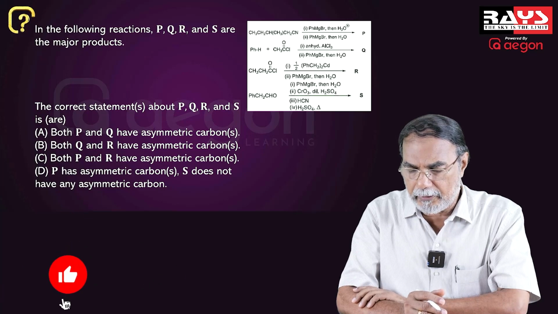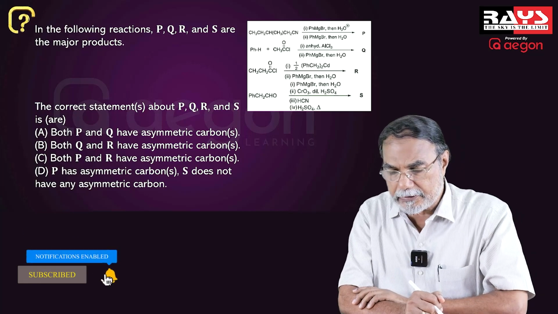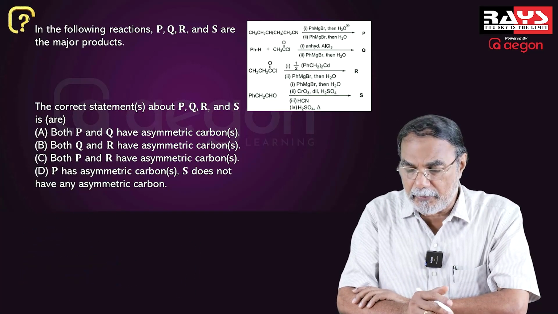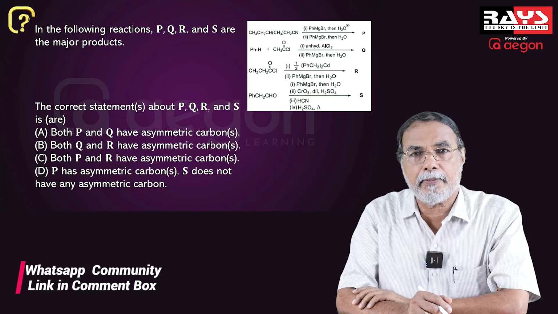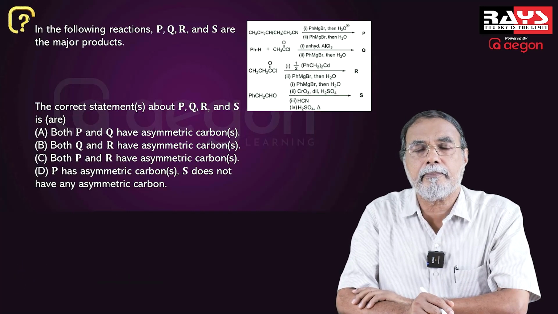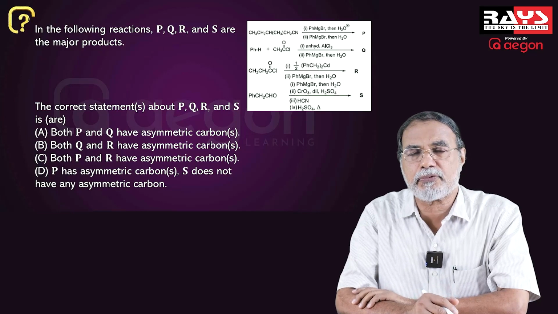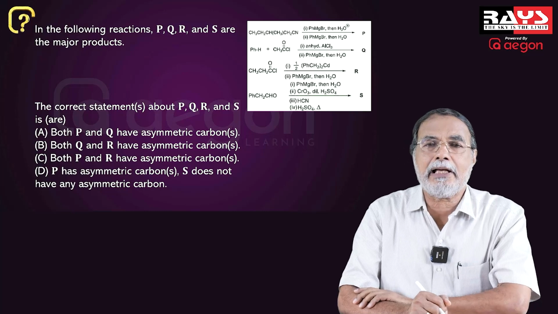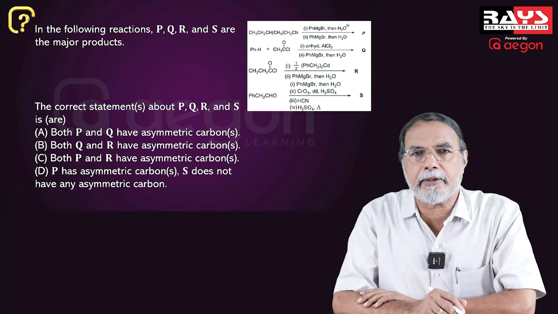what is to be understood is whether the products contain asymmetric carbon atoms. You know what is an asymmetric carbon atom? A carbon atom whose 4 valencies are satisfied by 4 different atoms or groups is known as an asymmetric carbon atom.